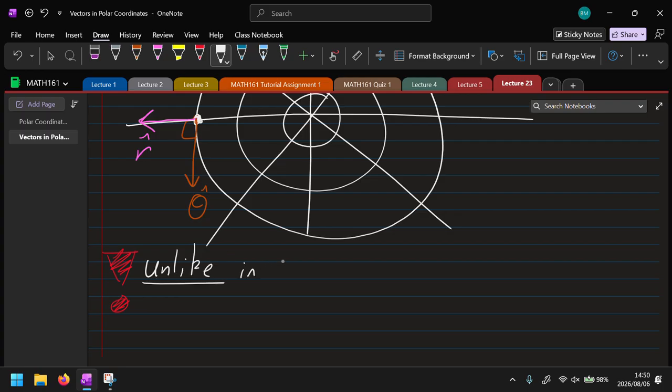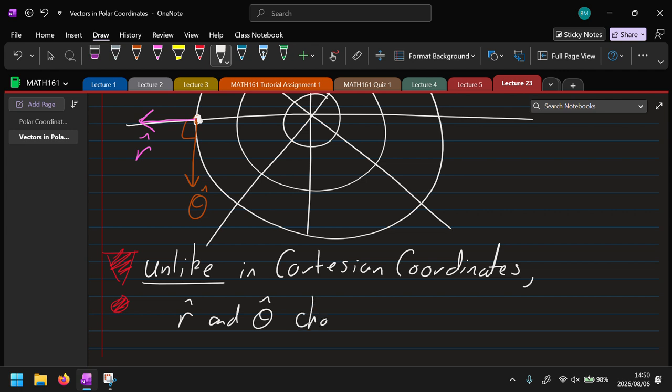Unlike in Cartesian coordinates, r hat and theta hat change from point to point. Yeah, and that's going to cause us some issues in a moment.